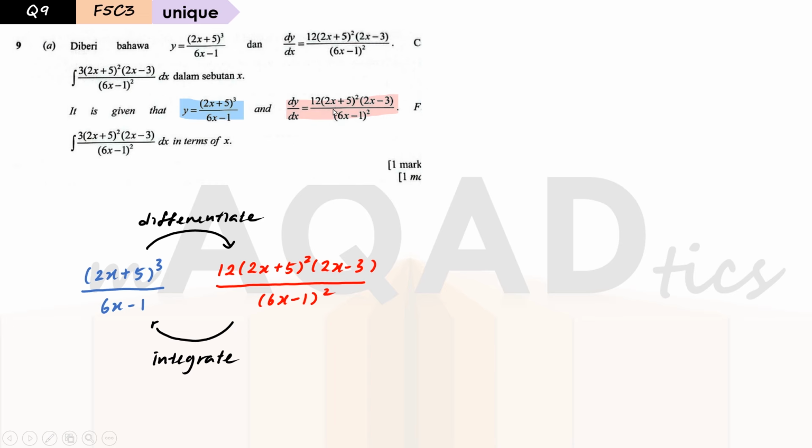If we differentiate this, it will become this, and if we integrate this, it will become this. Which also means that if the question tells us to differentiate this, we can just straight change it to this expression. And if the question tells us to integrate this, then it will be this expression.